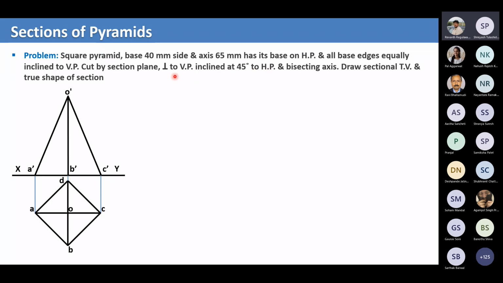We have seen a sectional plane which is exactly parallel to horizontal plane. Now it says that it is inclined at 45 degrees to HP. See. So just give it a try. I'll give you just half a minute or 1 minute time. Just give it a try.